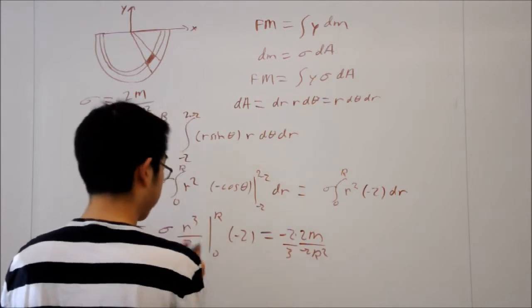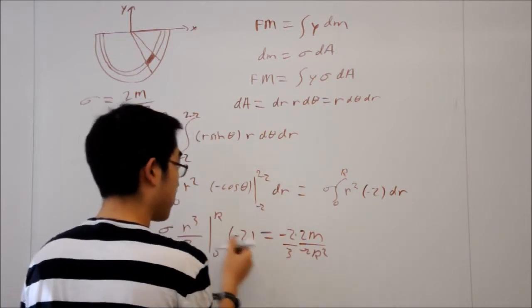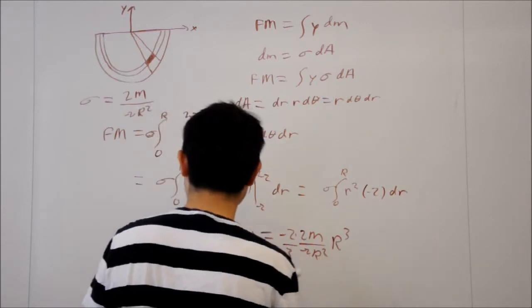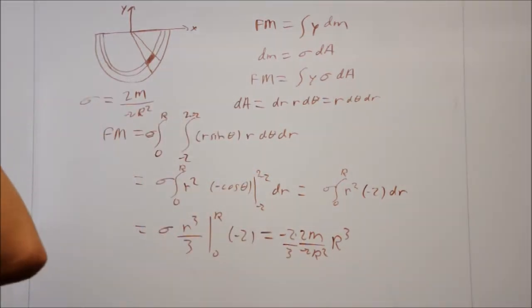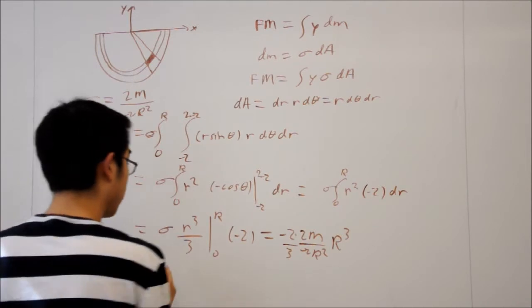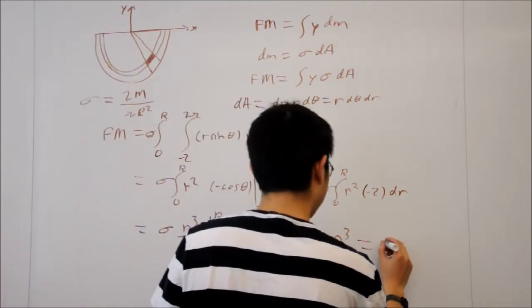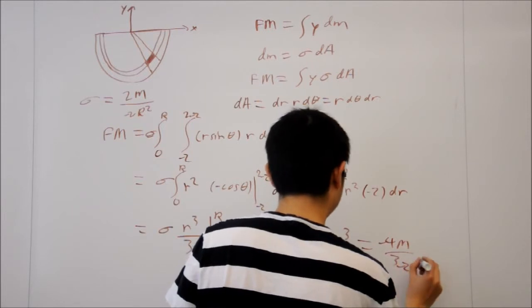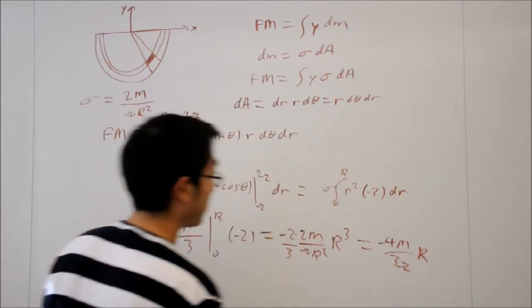And substituting in big R, we get big R cubed times negative 2. So that all simplifies down to negative 4 big M big R over 3 pi, which is what we got with Cartesian coordinates.